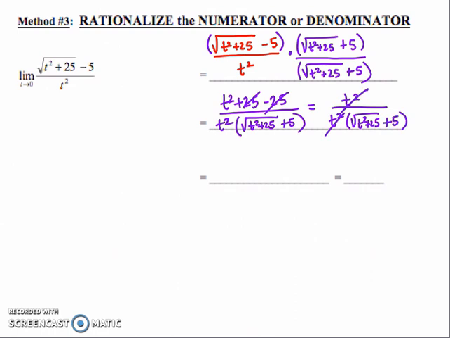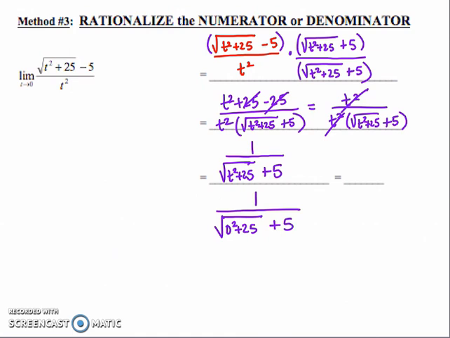Now my t squareds are going to cancel out. So I end up with 1 over the square root of t squared plus 25 plus 5. Now I'm ready to plug in 0 for my t value, which gives me 1 over the square root of 0 squared plus 25 plus 5.